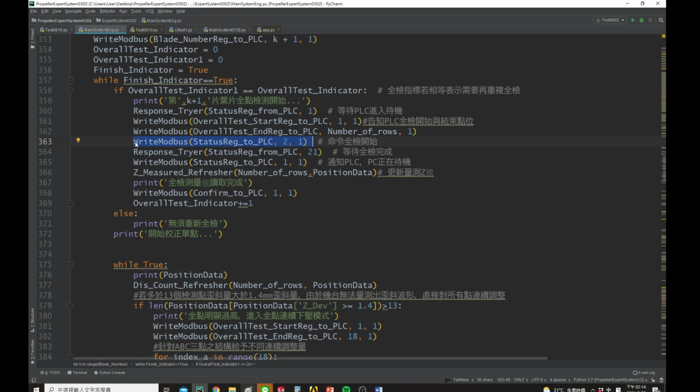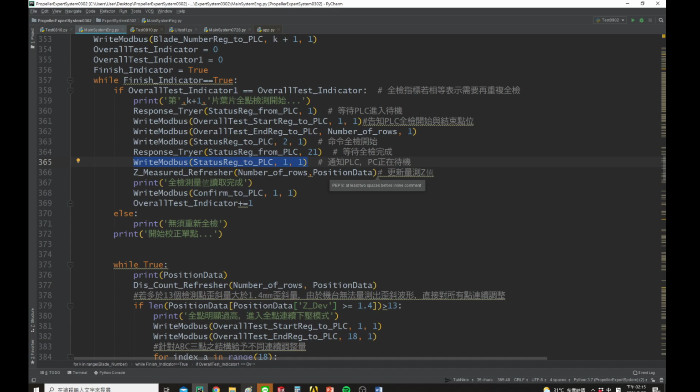After the order, I wait for the response of the machine. Then the PC will stand by, so it knows the PC is on standby, and the PLC will also stand by.